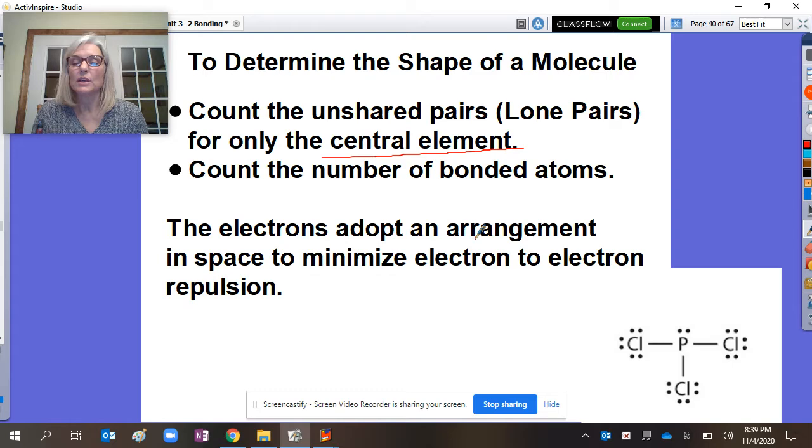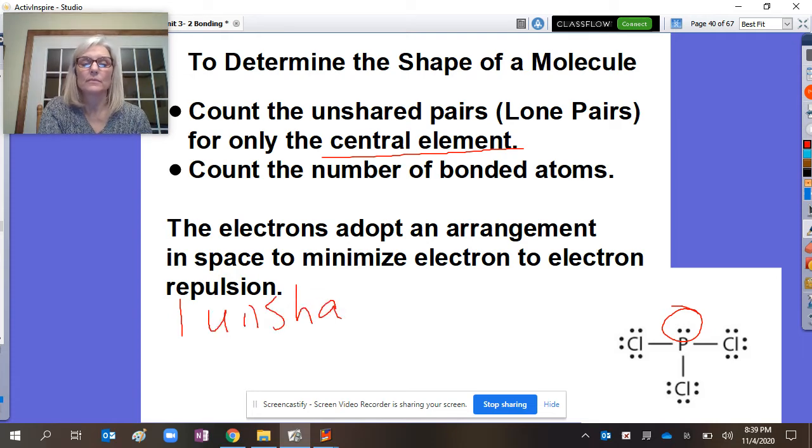So if we look here, there's our one unshared pair. All right, then we're going to count the number of bonded atoms. You're going to look at your center atom in this case and count how many other atoms are bonded to phosphorus, and that's 3 bonded atoms.